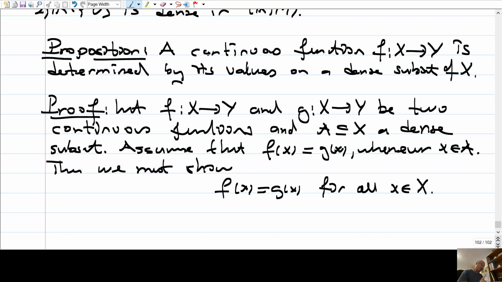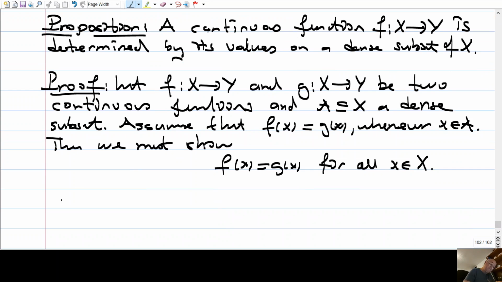A continuous function is determined by its values on a dense subset, no matter what the dense subset A is. If f and g agree on A, then they have to agree on the whole metric space, provided that, of course, f and g are already defined on X and they are both continuous. And the proof is very simple.